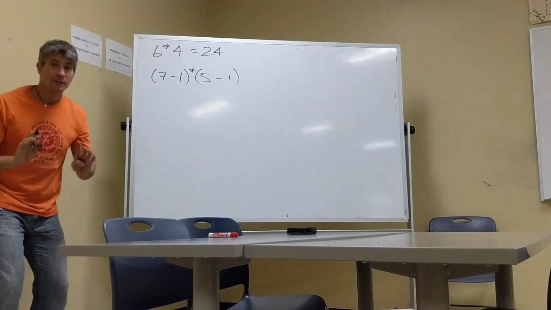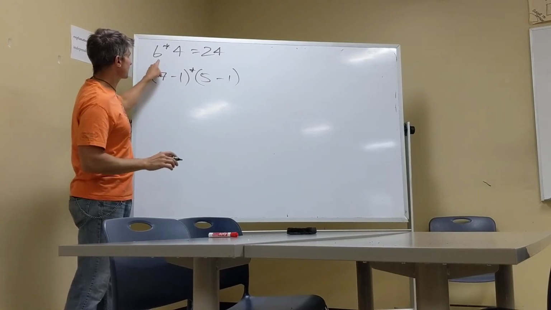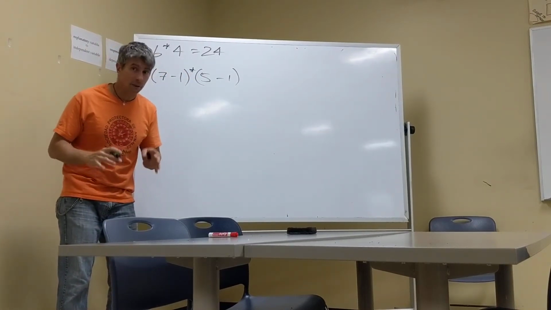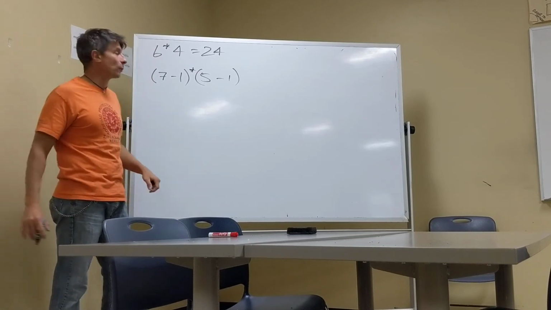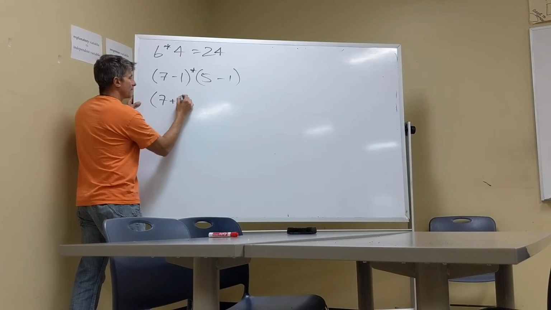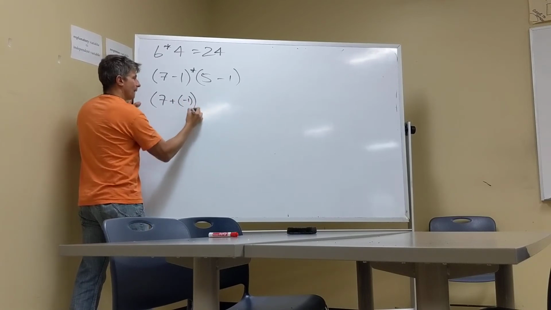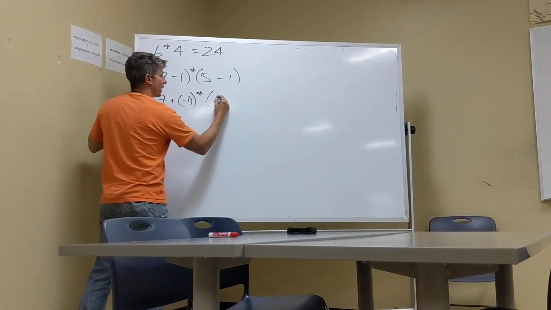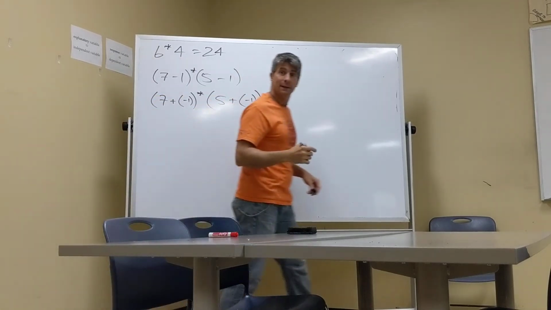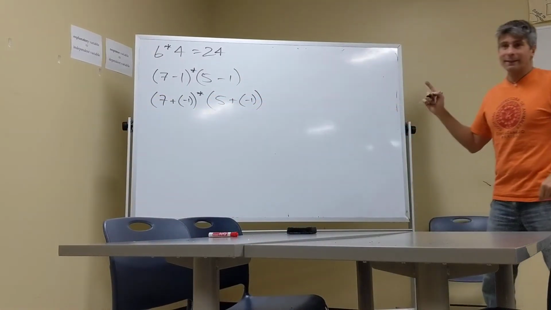Now, order of operations says 7 minus 1 is 6, 5 minus 1 is 4, and that's supposed to be 24. Like, we know mathematically it's 24. But what I'm going to do is I want to view this as a geometry problem like this.